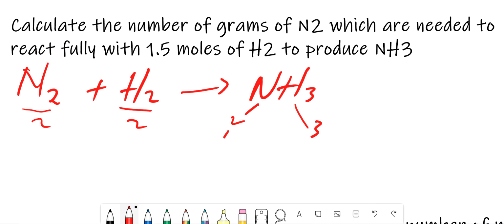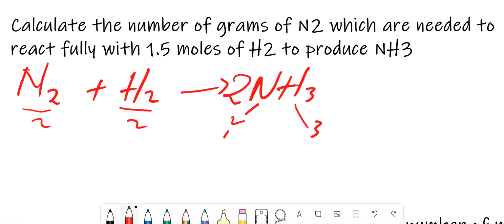Maybe I can start by balancing the nitrogen. I can do this by simply putting a 2 there, and immediately when you put any number, you need to recheck your equation. Don't immediately go and try to balance hydrogen. First check again if it's still balanced.